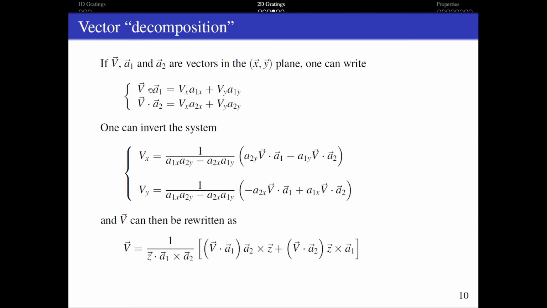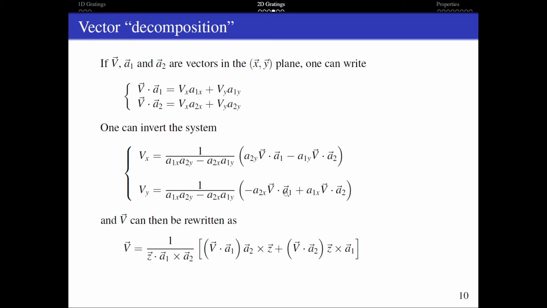We can take the dot product of v along those two vectors, and if we expand it, we get two equations that contain the different components of each vector multiplied with each other. But when we do this, we actually have a system of two equations with two unknowns inside. So that means we can invert this system to obtain Vx and Vy based on everything else in the problem.